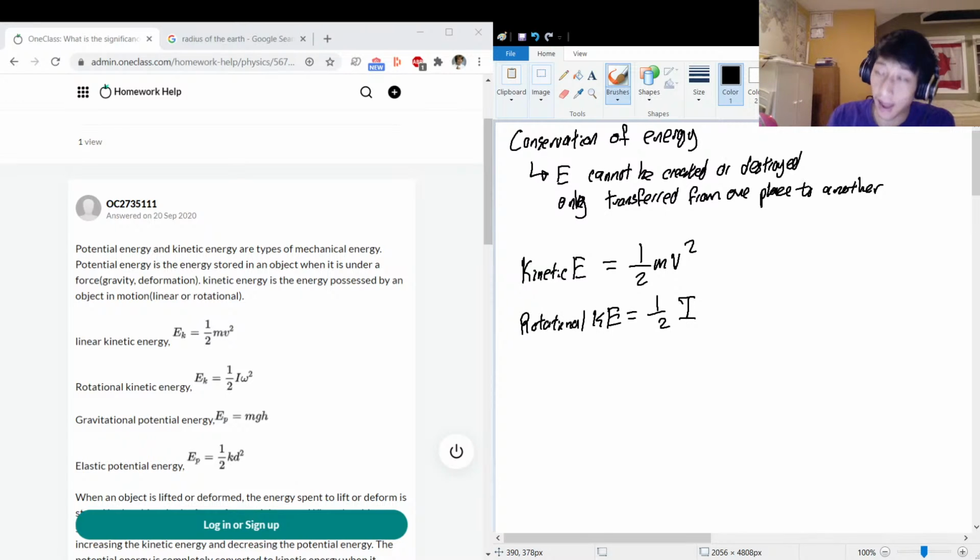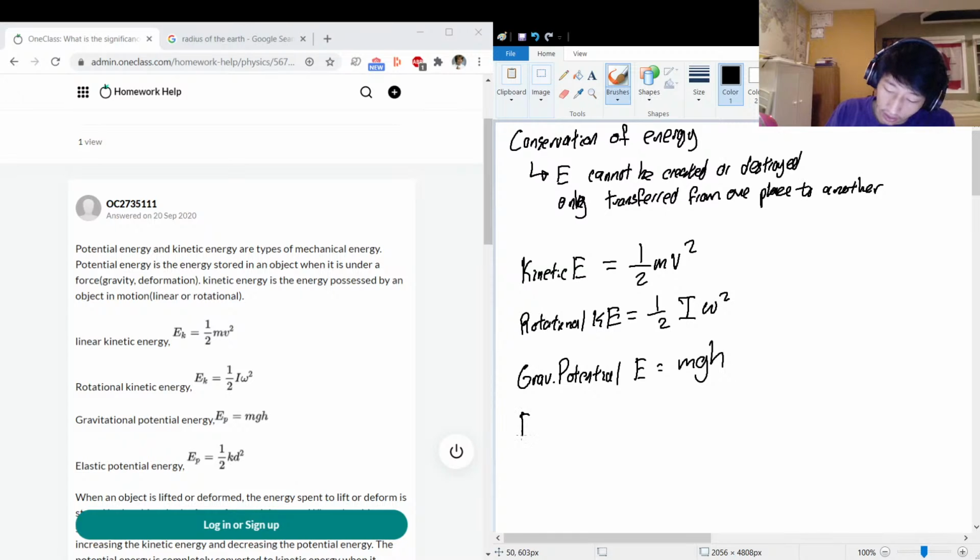Basically, that's how difficult it is to rotate something, multiplied by its angular frequency squared. Some other classics that we like is gravitational potential energy. So grav potential E is equal to mgh.